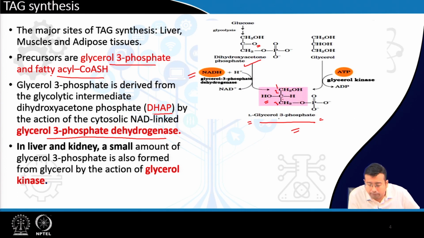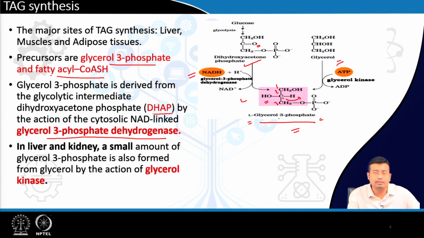It is because of the configuration of the second carbon: if OH is located on the left side, this is L, and if OH were located on the right side, it would be capital D. This is a type of isomerism. We are not going into the details of chemistry here, but this is why it is known as L-glycerol 3-phosphate.